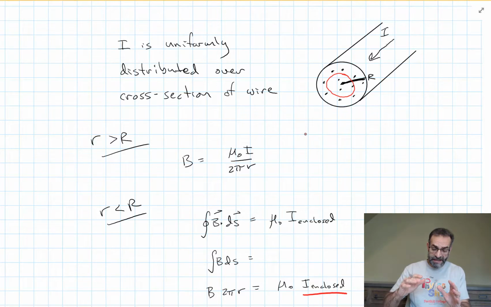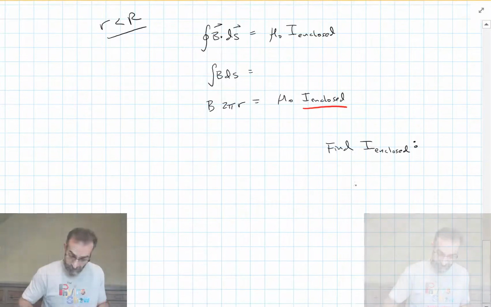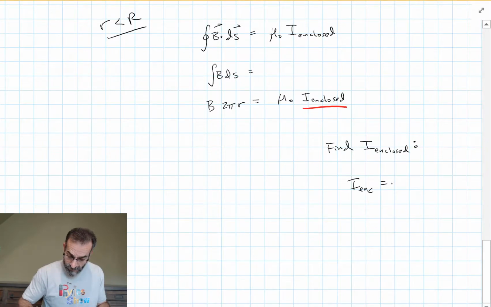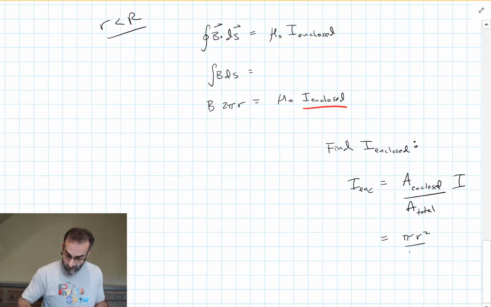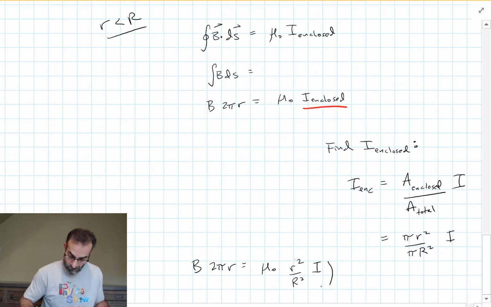And we want to know how much of that current is enclosed or is inside of the red circle, our path integral. Where I is the total current flowing in the wire.